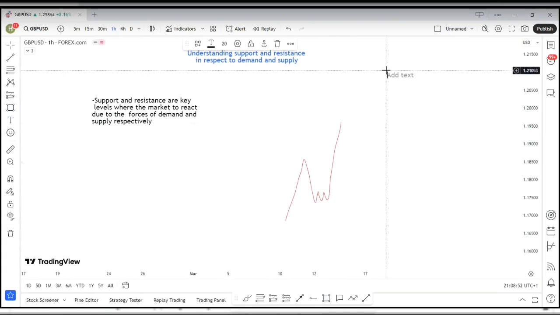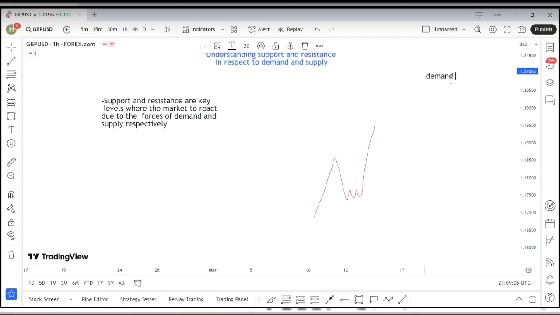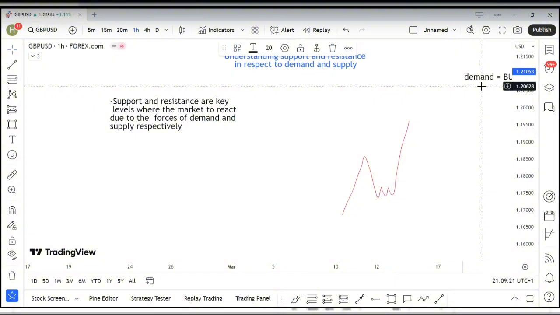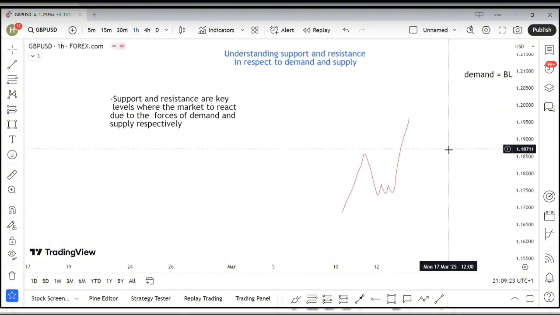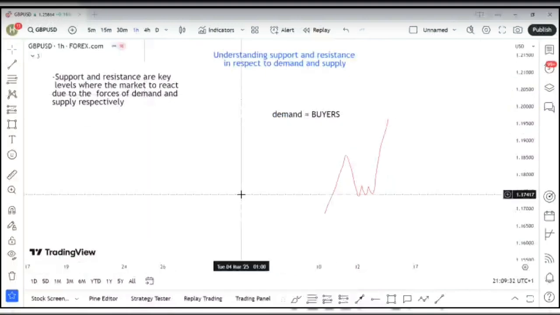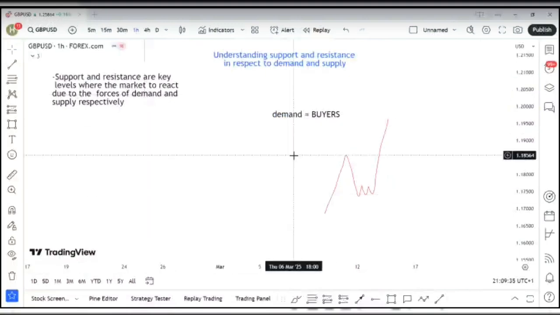Demand equals buyers. Okay, let's continue. Demand means buyers.